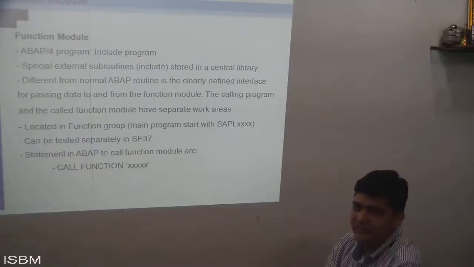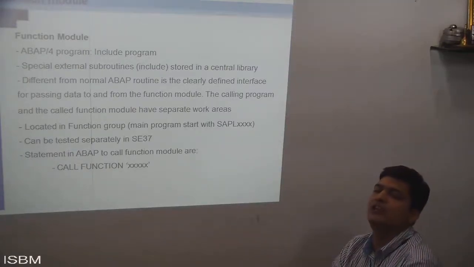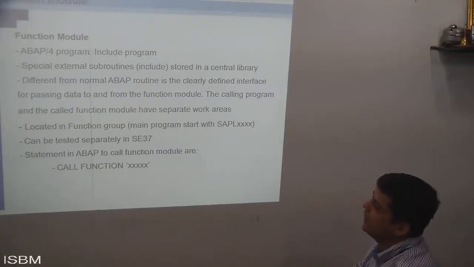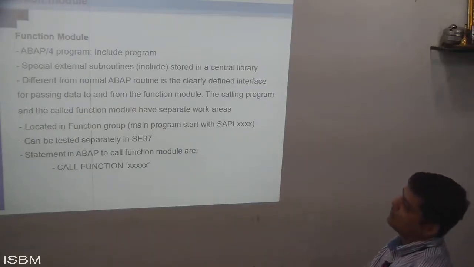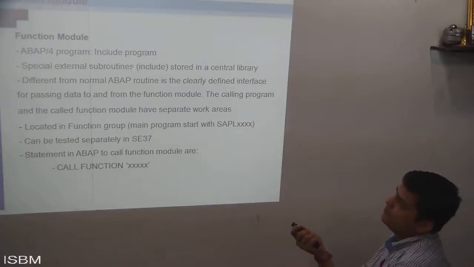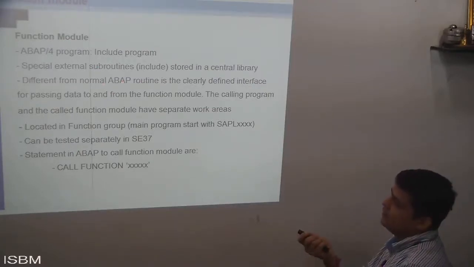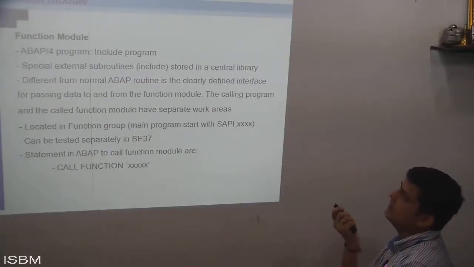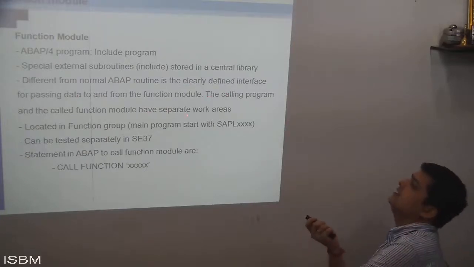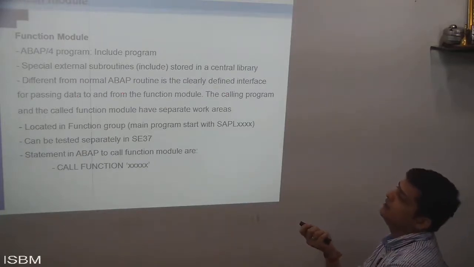For function modules, just like what I asked you about DQ and InQ, the same thing applies here. A function module is an ABAP program include program, a special external subroutine include stored in the central library. Different from a normal ABAP routine, it has a clearly defined interface for passing data to and from the function module.